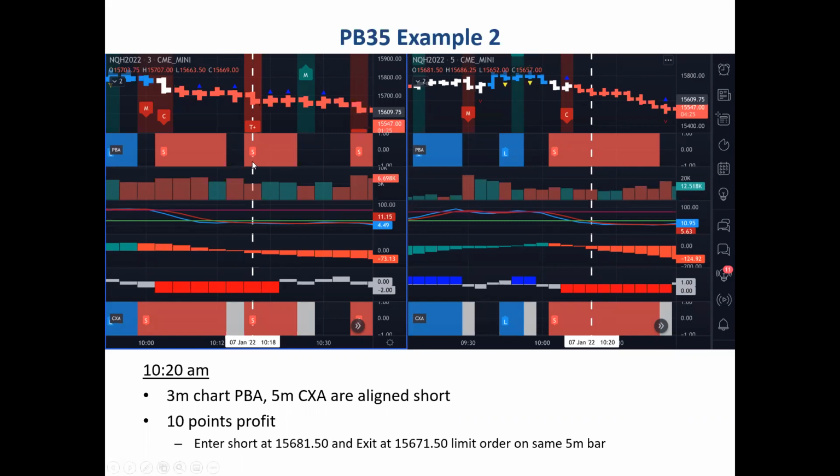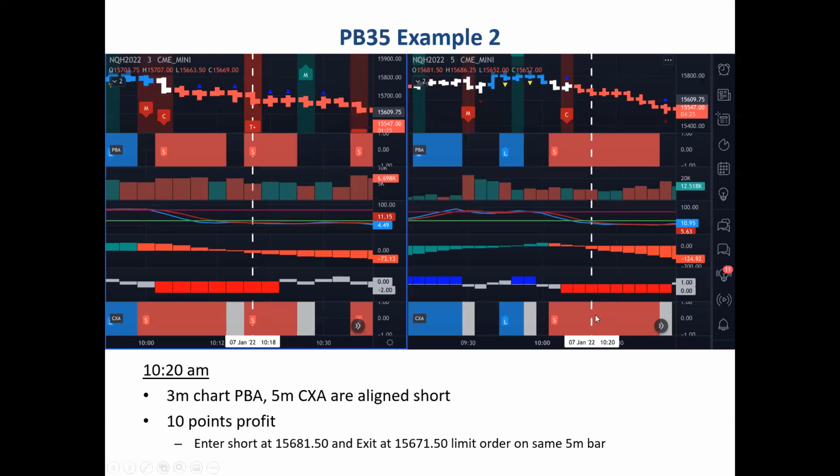And in this case, since the 10:18 was a mid-bar print on the 3-minute, it's not a qualified entry. The next bar between the 3-minute and 5-minute that's going to print is the 10:20. So at 10:20, when the 5-minute CXA came on, the 3-minute is still short. That's when we go ahead and take the trade.